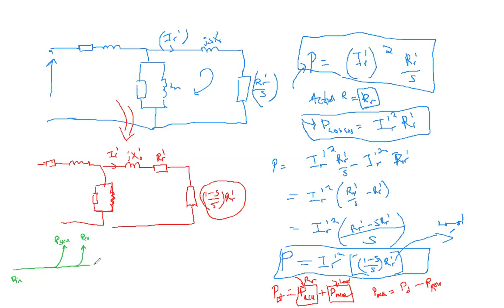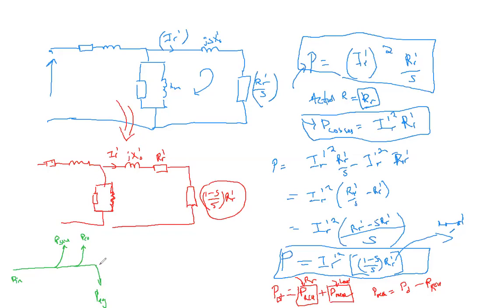And then from there, there's some power lost in the air gap. Air gap power loss. I think, is it air gap power loss? I'm trying to remember this from last year anyway.